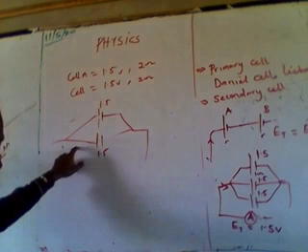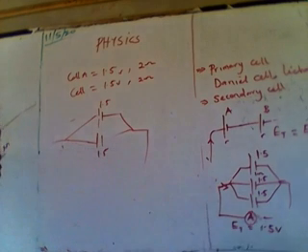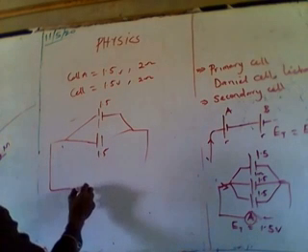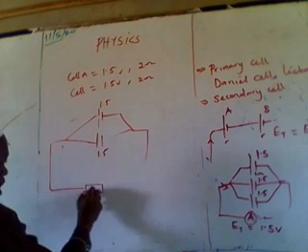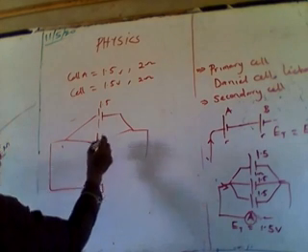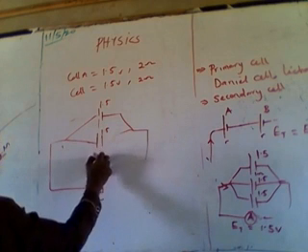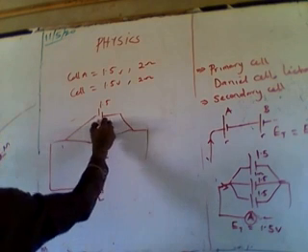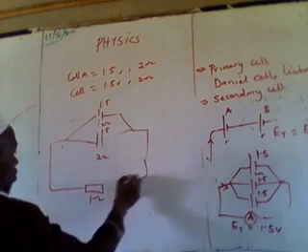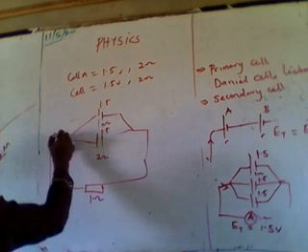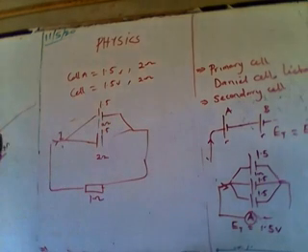Now calculate the current flow when the cells are connected to a 1 ohm resistor. So they connect the external circuit to a resistance of 1 ohm. This is 1 ohm. This one is 1.5 and its internal resistance is 2 ohms, and this one is also 2 ohms. They said we should calculate the current I that will flow in the circuit.